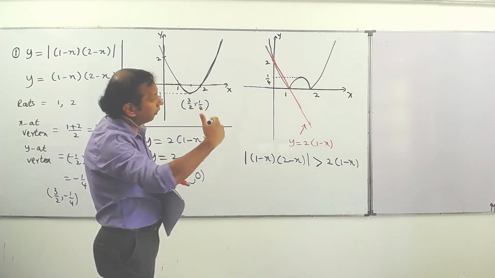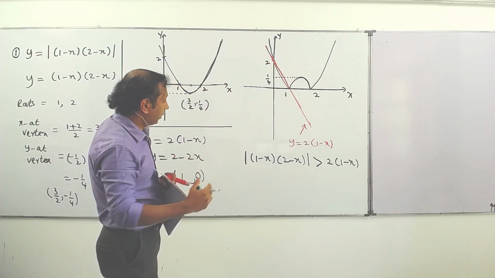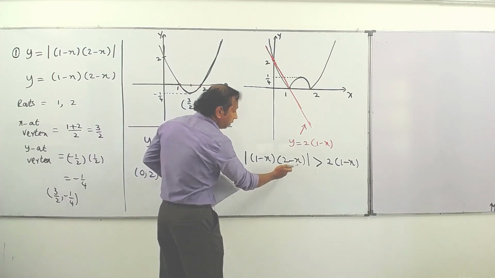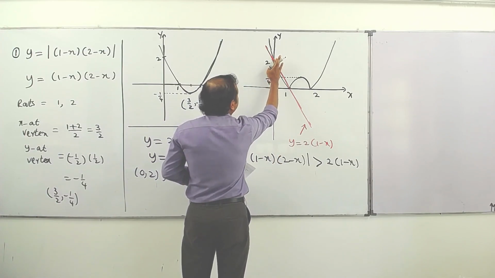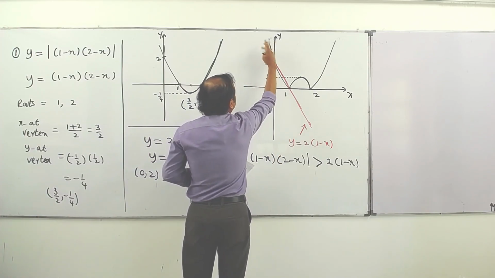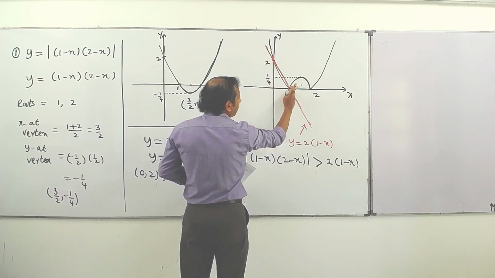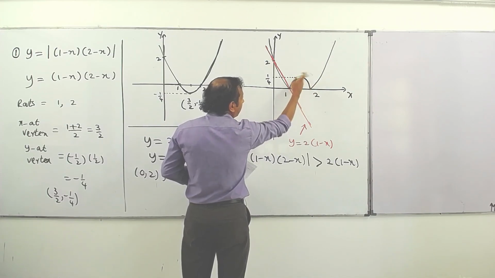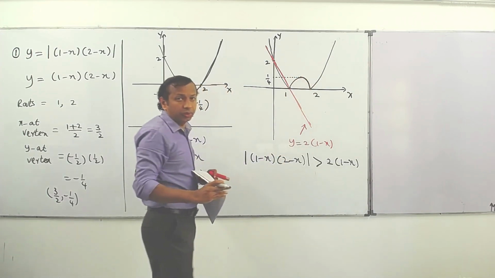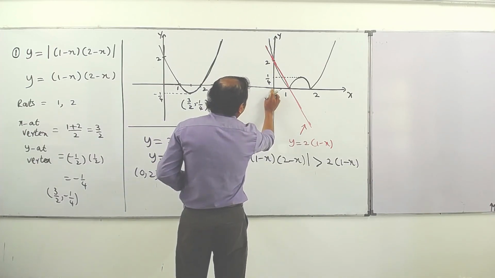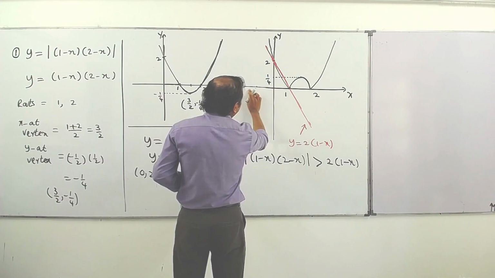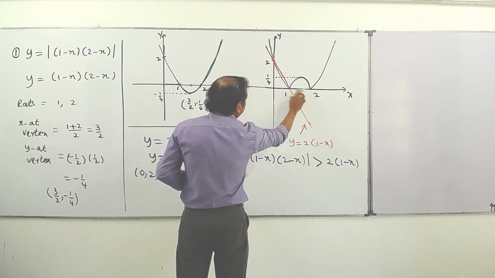Or in other words, red is above. Now asked here, black should be above the red. That happens on the left of this point, black is above. And to the right of this 1, black is above the red. So in terms of x, left of 0 means x less than 0, right of 1 means x greater than 1.